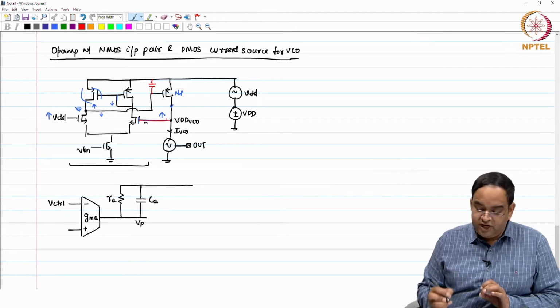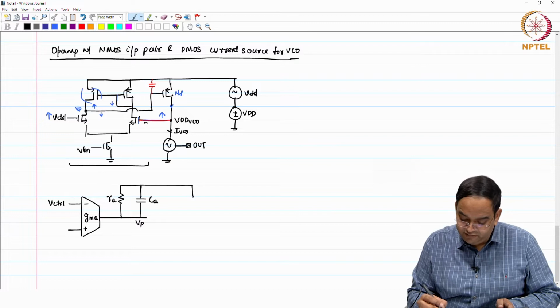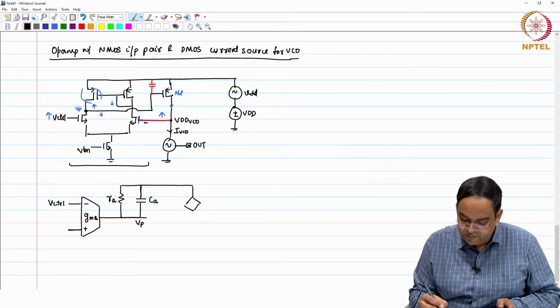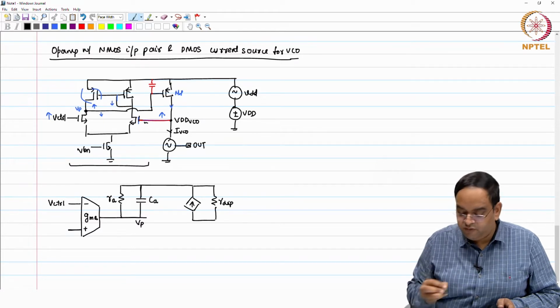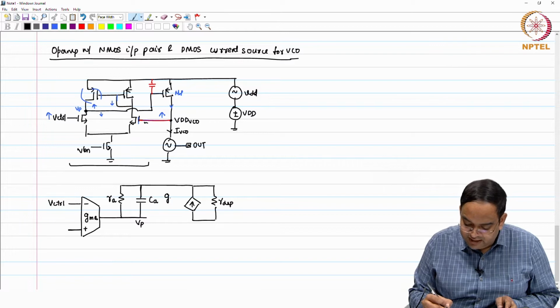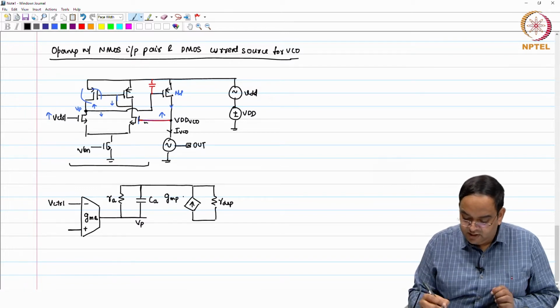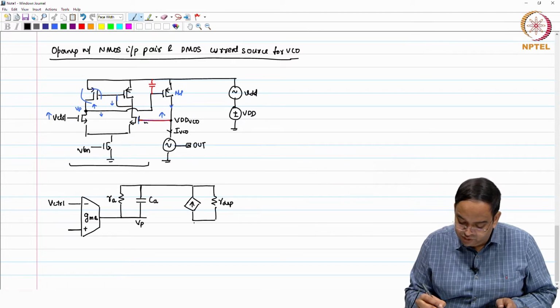So, when you connect through the PMOS transistor, you have a voltage-controlled current source with a resistor here, which I call RDSP for the PMOS transistor, and this current source is GMP times, we have to write it specifically, I will just do that.